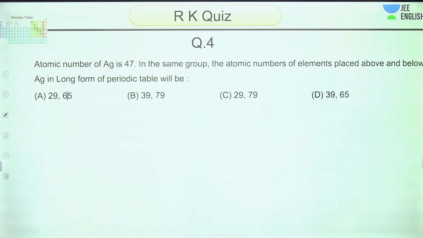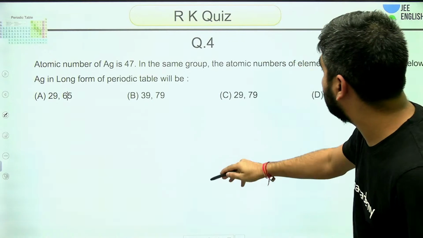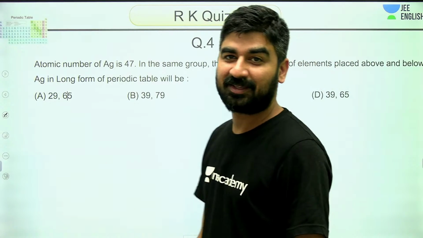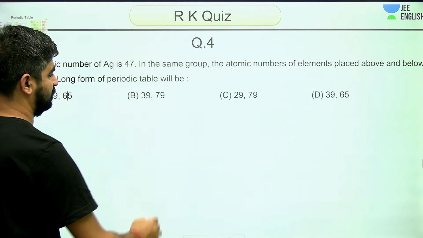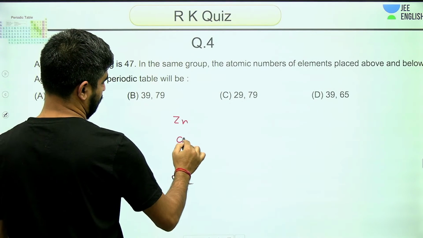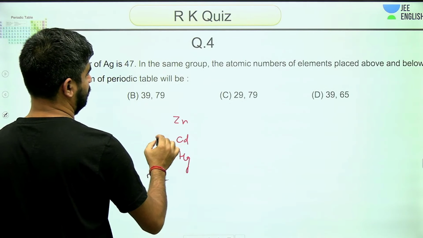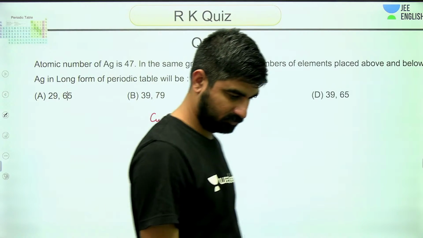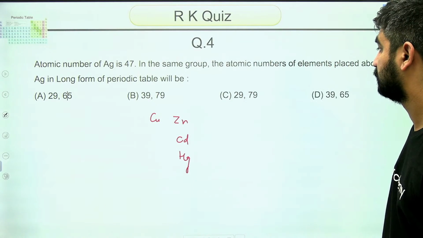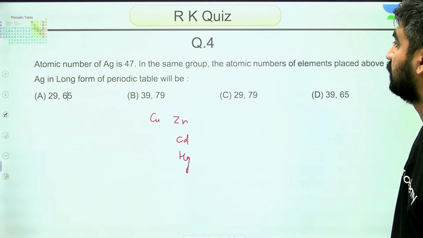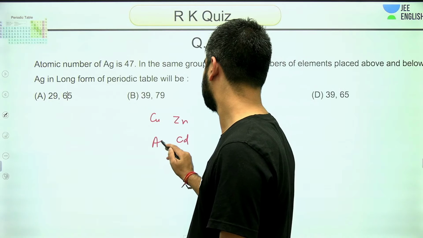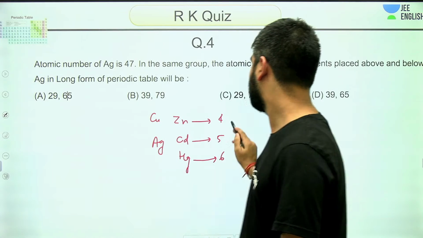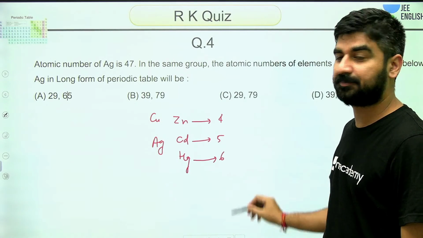47. In the same group, as you are moving down, the atomic number of the element placed above and below in the periodic table will be? This is the fourth period, this is the fifth period, this is the sixth period.